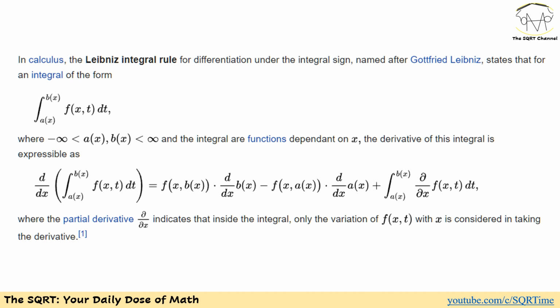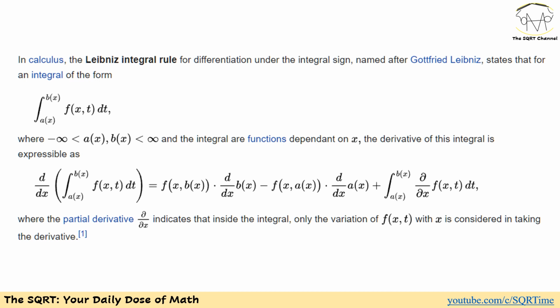Now, focusing on the first component, when we get the derivative of the upper bound, we need to multiply that by the function in that upper bound. Same thing happens if we take the derivative of the lower bound. We need to multiply that by the function in the lower bound. And finally, note the plus and minus signs that we have here.